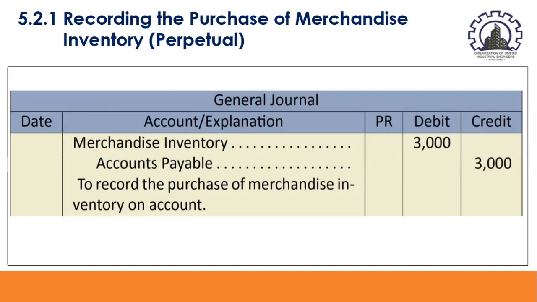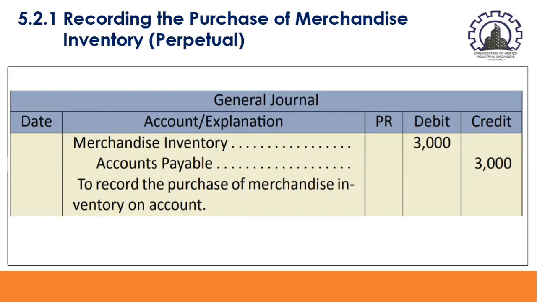Since it was purchased on account, or on credit, another account involved in this type of transaction is accounts payable, and that is credited because the Excel company purchased the vehicle on account. Meaning to say, Excel has a debt obligation to pay.